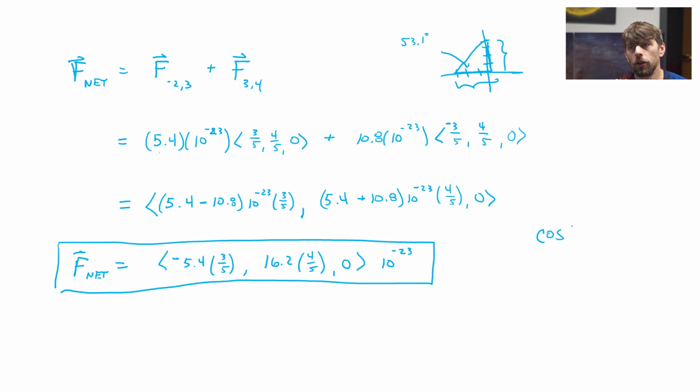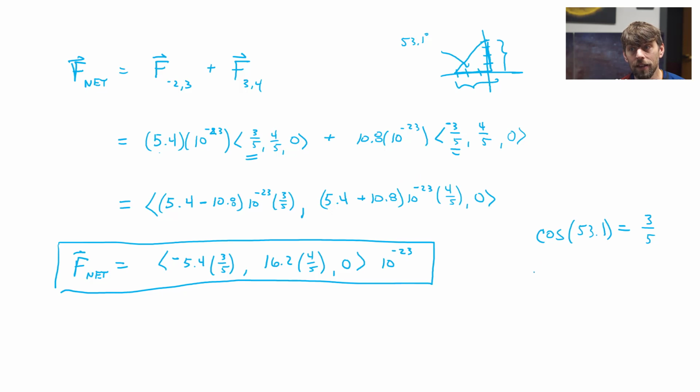Go ahead, take a second. If I did the cosine of 53.1 degrees, what is that answer? Hopefully you got 3/5. You go, wait a minute, I've seen that 3/5. That was the x component stuff.